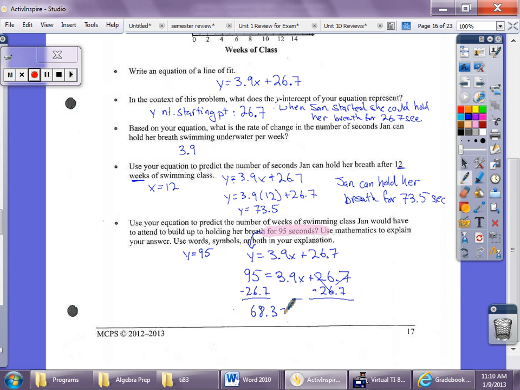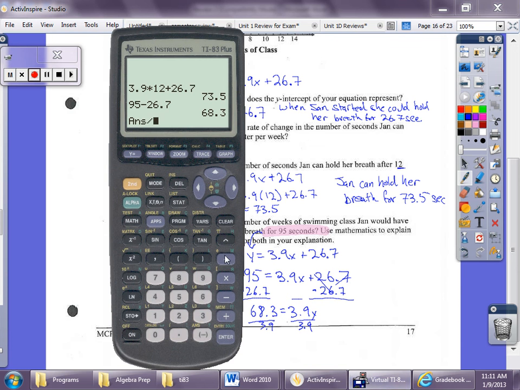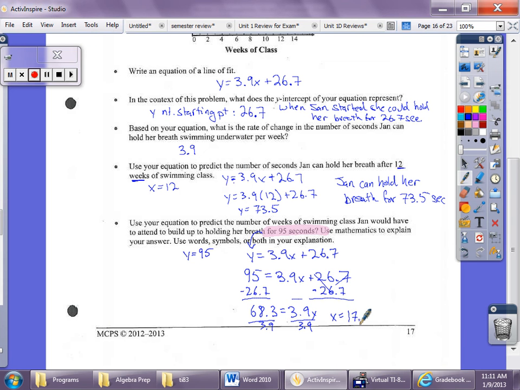So 68.3 equals 3.9x, and then we divide by 3.9, which gives us 17.5. So x equals 17.5. It will take about 17 and a half weeks.